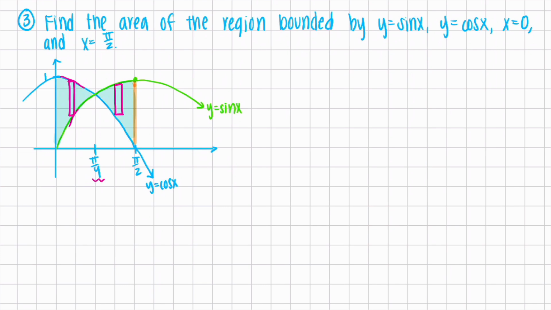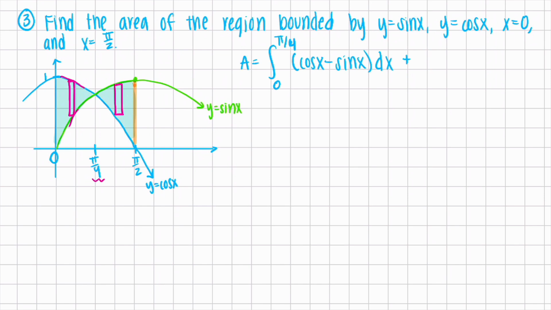So when they switch, that means that you need two separate integrals. So my first integral is going to be from, what are your x values, 0 to pi over 4. I'm stopping at pi over 4 because that is where my top and bottom functions switch. So from 0 to pi over 4, we said your top was cosine, minus, we said your bottom was sine of x.